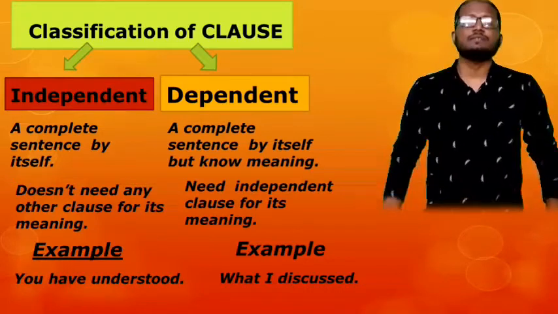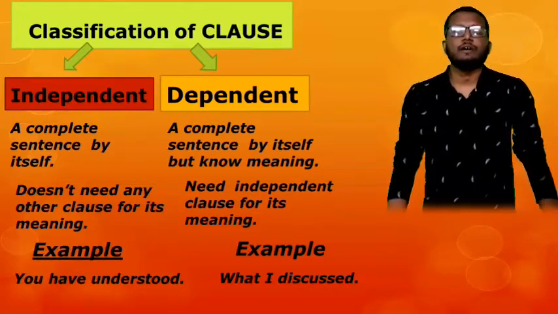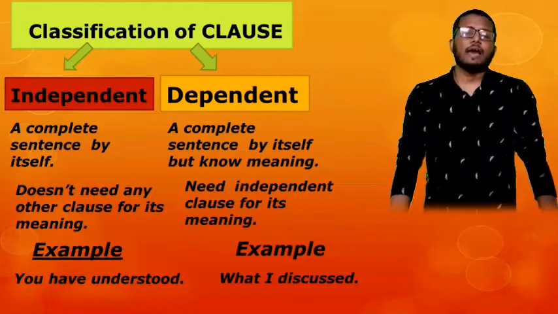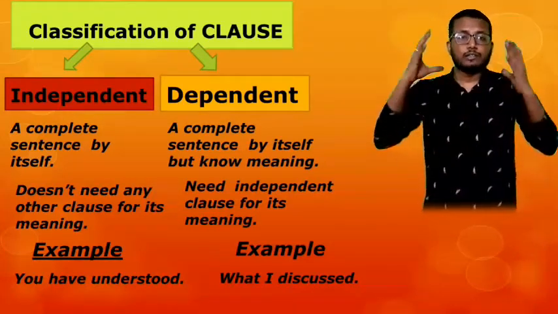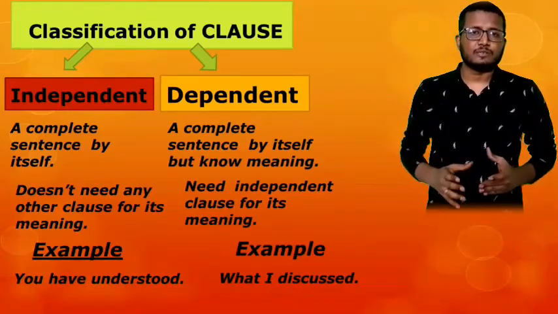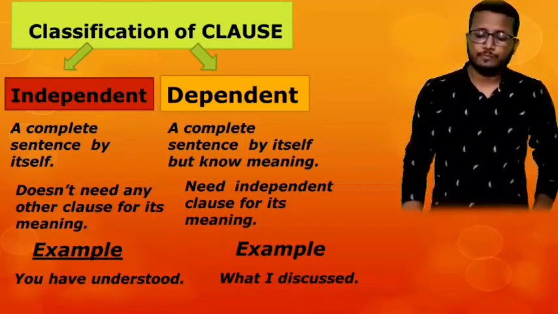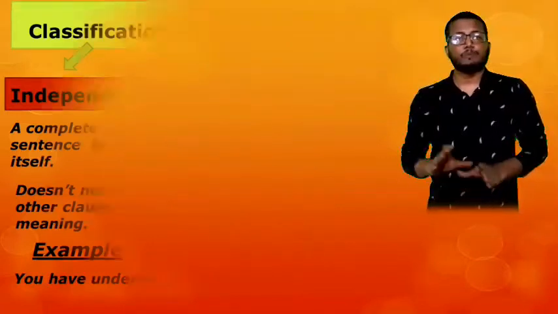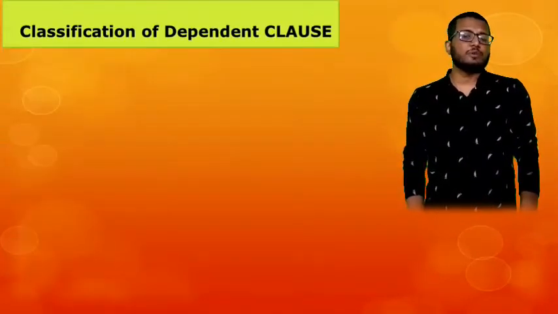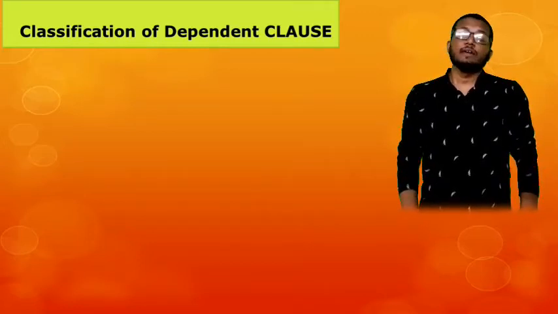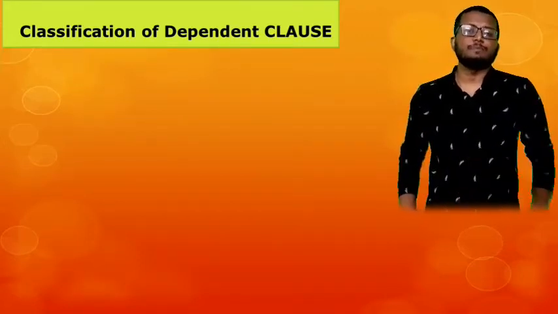So this was the classification of the independent clause and dependent clause, and I have shown you their characteristics with some examples. Then we are going to know their classification. First of all, the independent clause: we have already come to know that this clause doesn't depend on anyone.